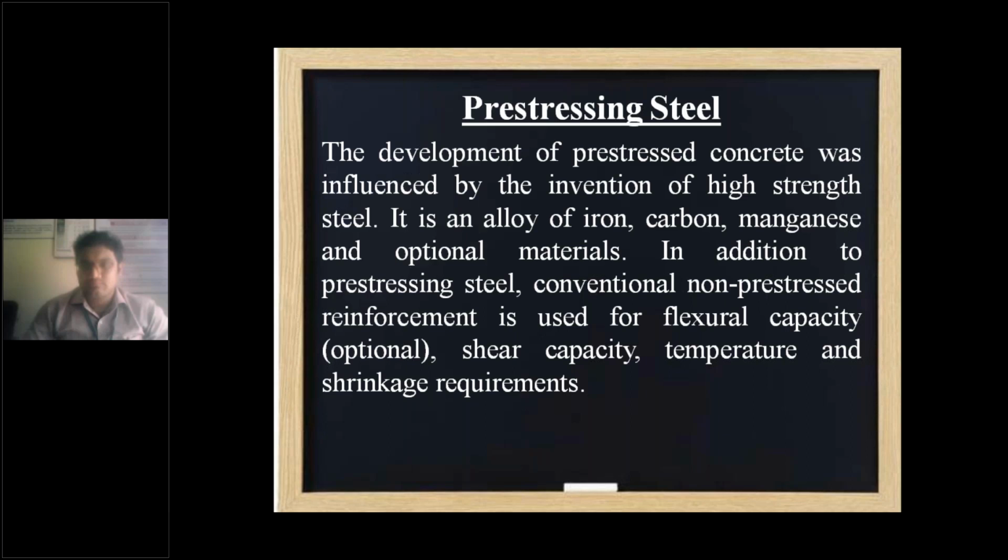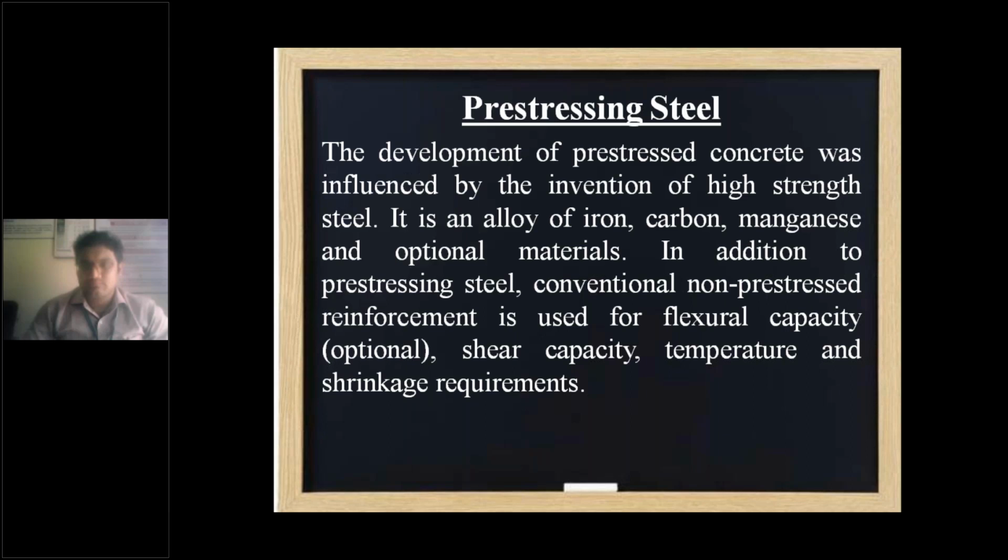In addition to prestressing steel, conventional non-prestressed reinforcement is used for flexural capacity, shear capacity, temperature, and shrinkage reinforcement. As I already told you, along with the prestressing material, there will be some reinforcing materials within the segment, girder, or beam.